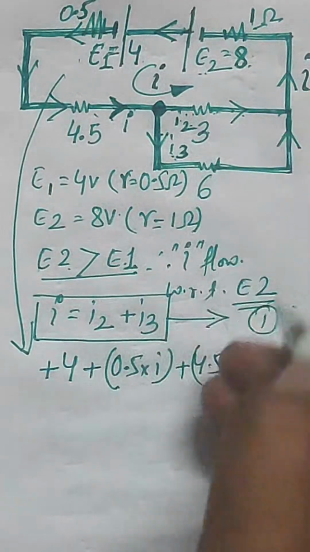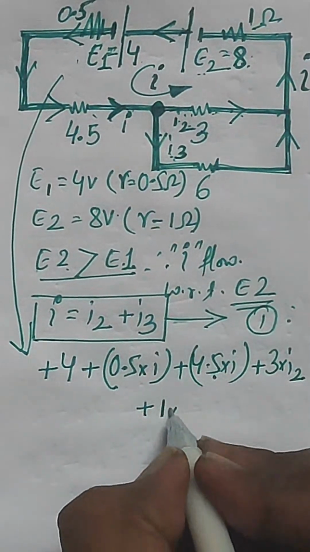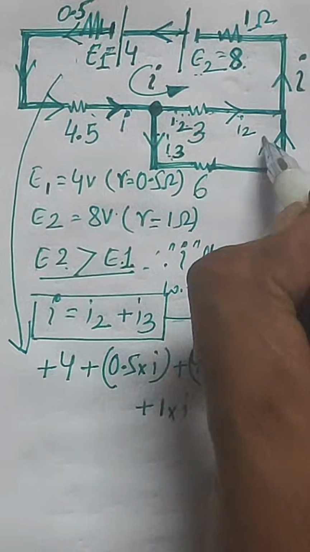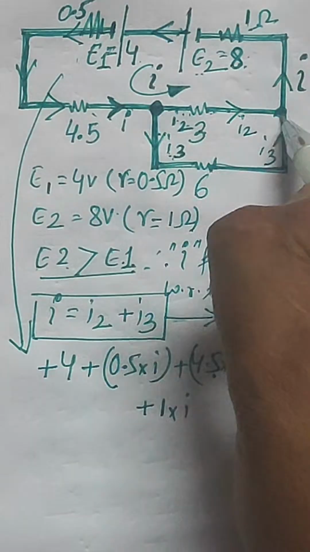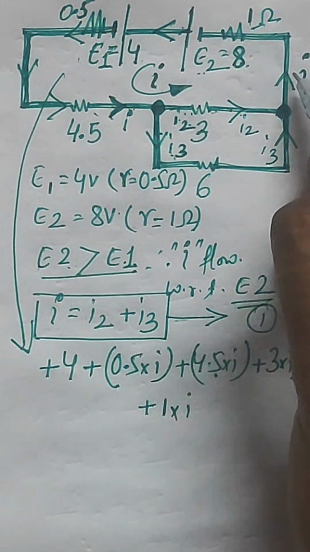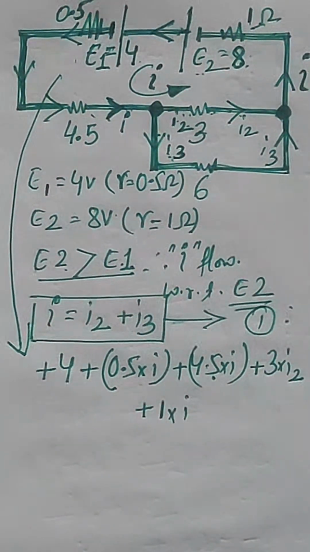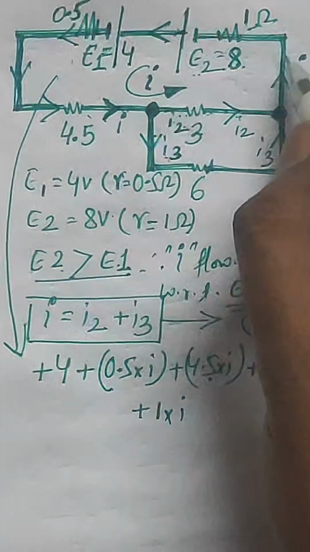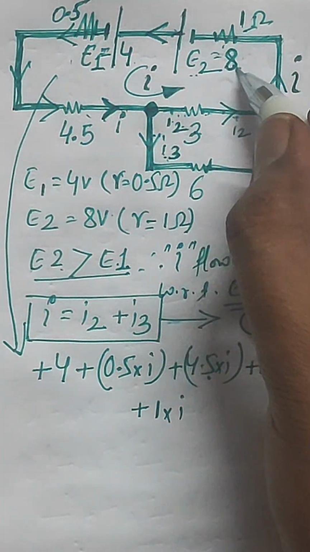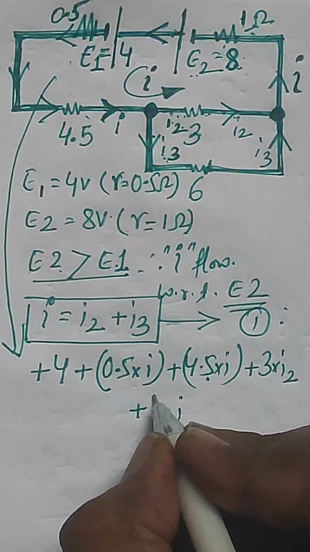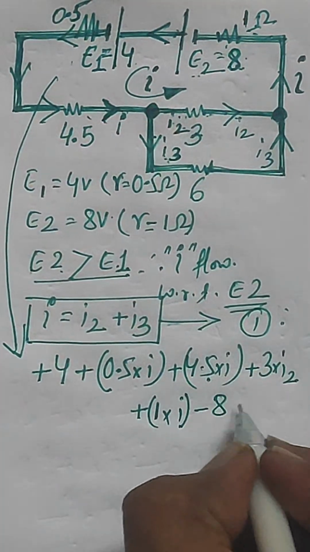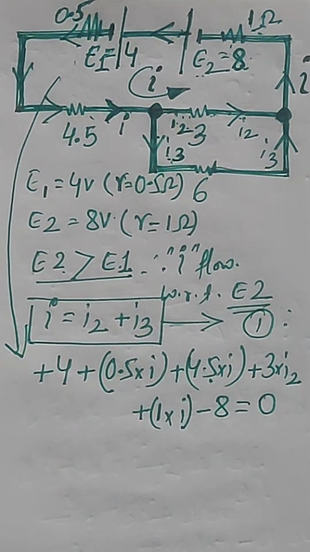And again plus 1 into I, because I2 and I3 combine at this point, and applying KCL, I goes forward to the top. This I multiplies with the 1 ohm internal resistance of the 8 volt source, that is 1 into I, which we have written over here. Then minus 8. All this adds to give 0.